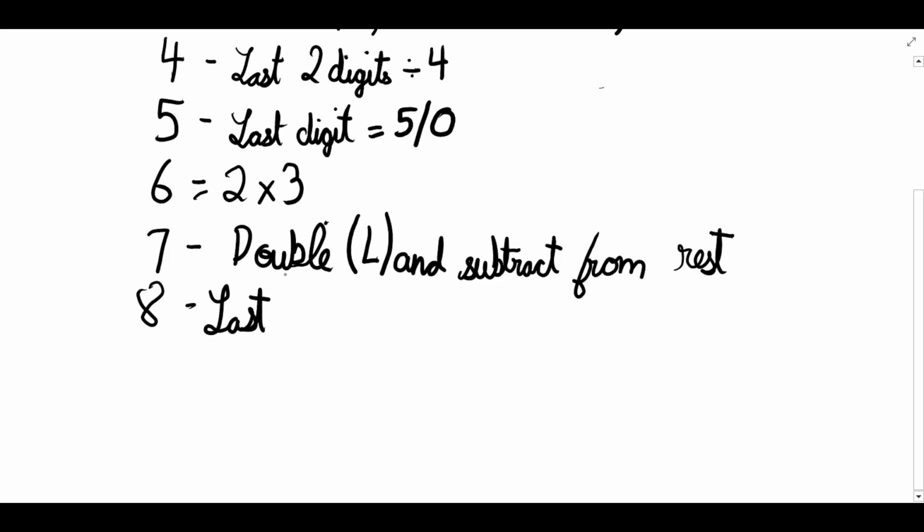So basically take any number and check the last 3 digits if it's divisible by 8, and that will decide whether your number is divisible by 8 or not.